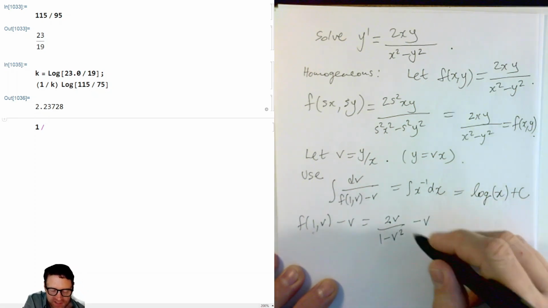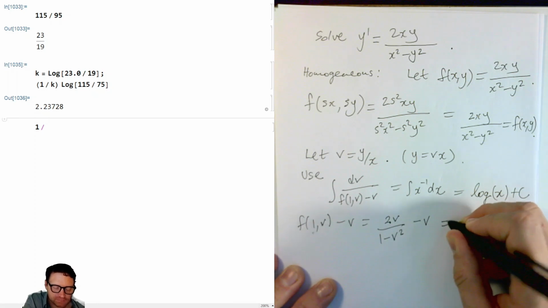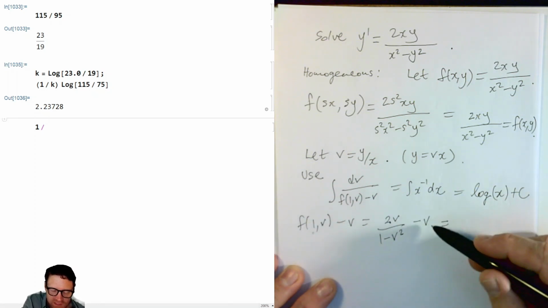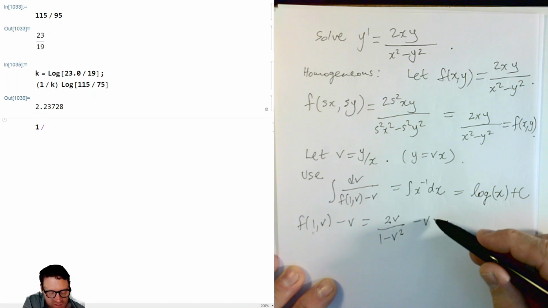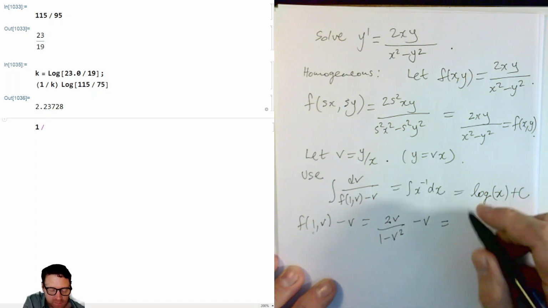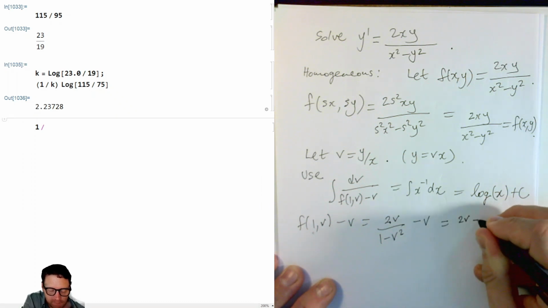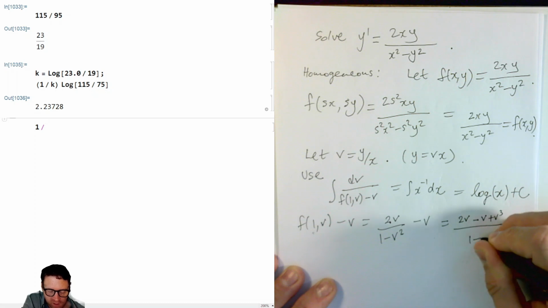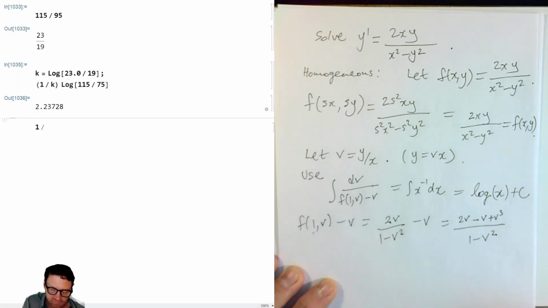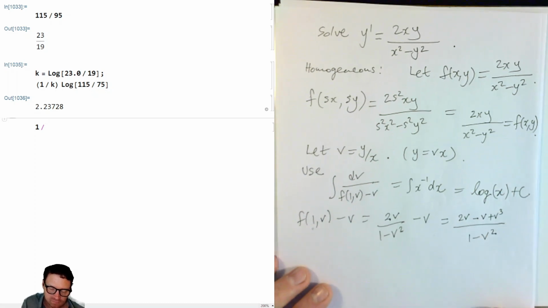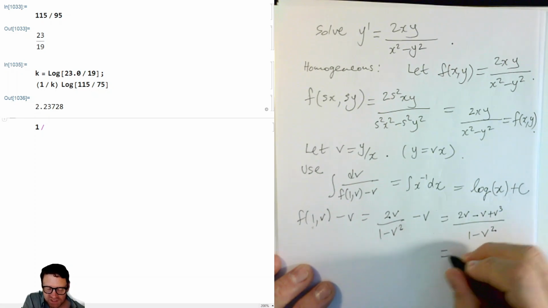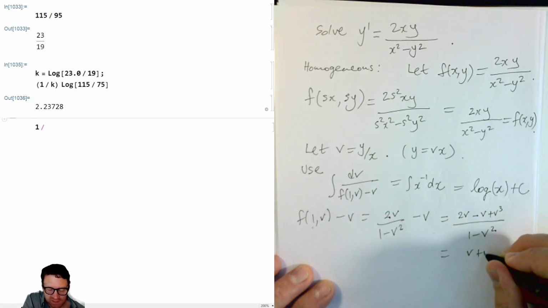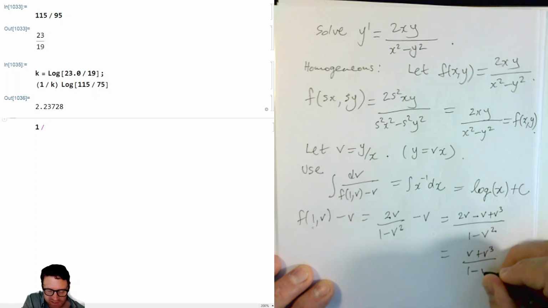And so we want to put this over one denominator. So we multiply the v by 1 minus v squared, top and bottom. So we've got 2v minus v plus v cubed all over 1 minus v squared, which is equal to v plus v cubed all over 1 minus v squared.